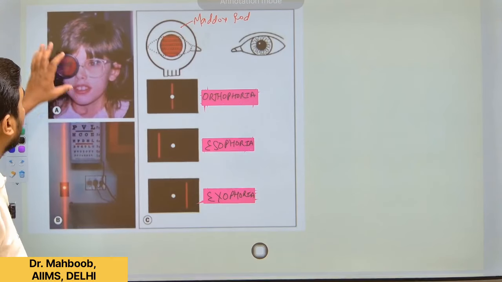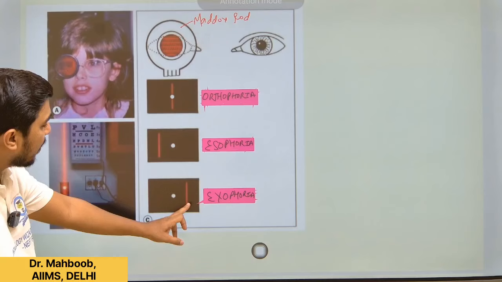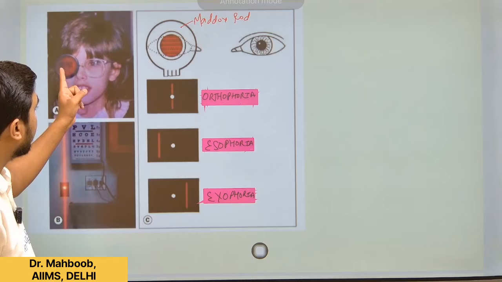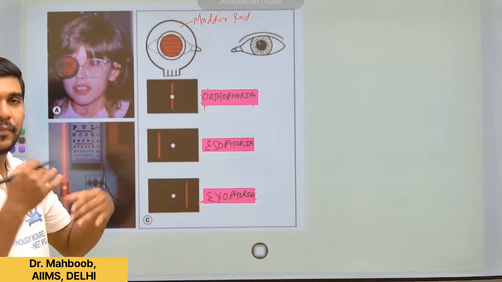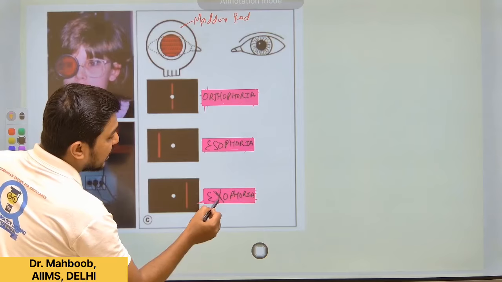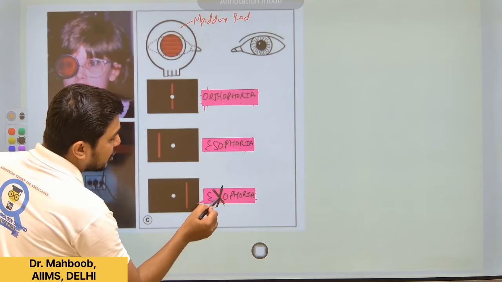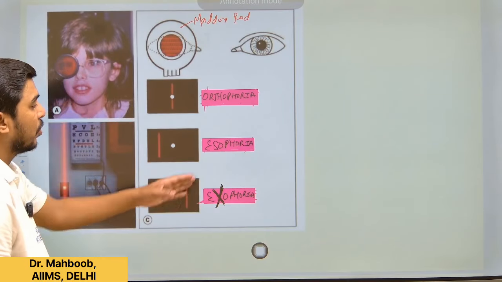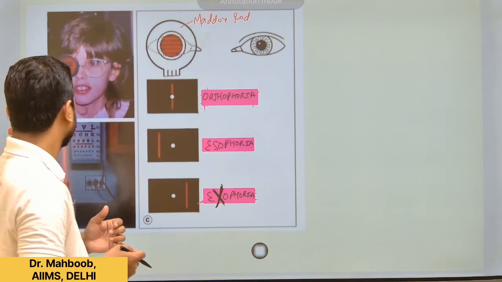Understood? Right eye Maddox rod, left side image. That means there is a crossing. X, remember, X is crossing. So if there is a crossing, then there is exophoria, and vice versa is esophoria. Now you will remember.